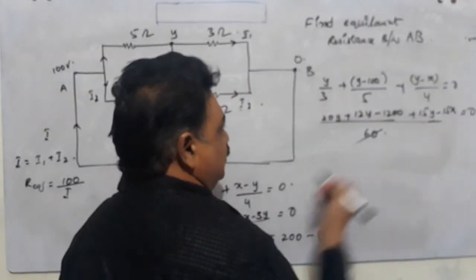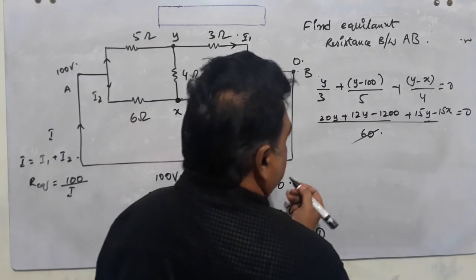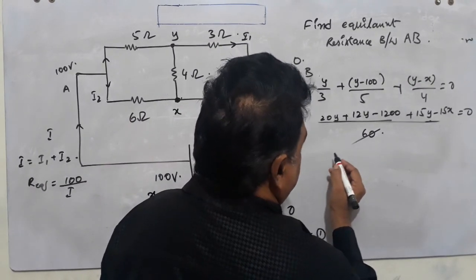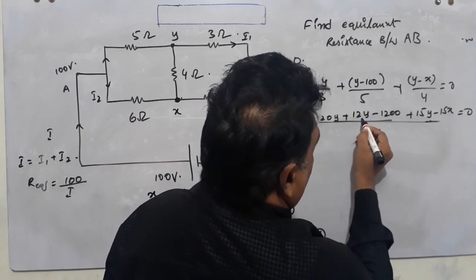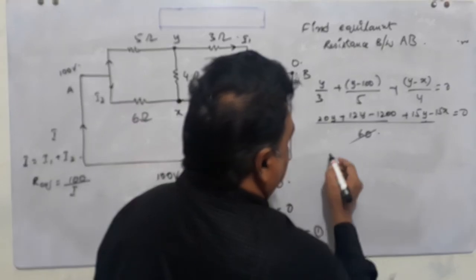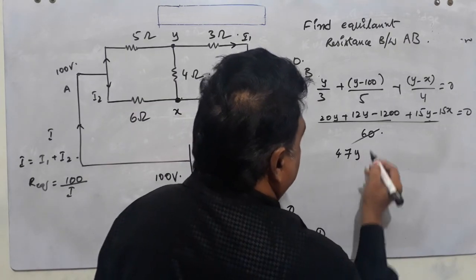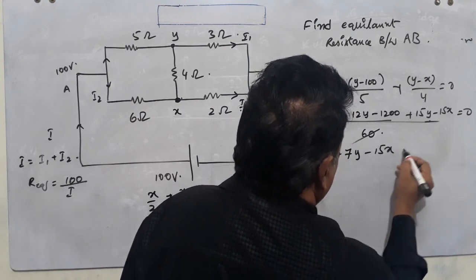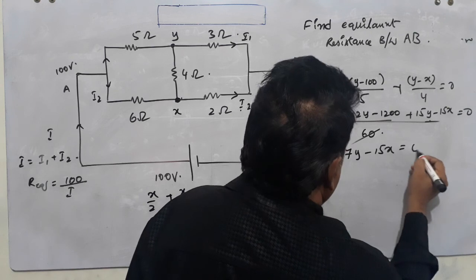If you bring that 1200 to that side, you will get 20y plus 12y, that is 32y, plus 15, 47y, minus 15x is equal to 1200.